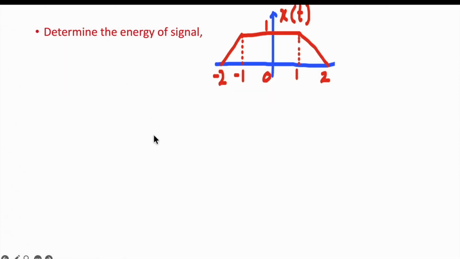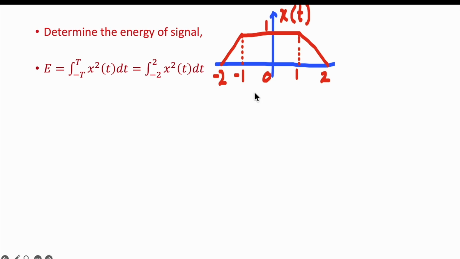There is another example, where you need to determine the energy of the given signal. The graph of the signal is given. Using that graph, you can write the mathematical equation, and from the graph you can say that it is a finite duration signal. That is why you can use the energy equation for finite duration signals.